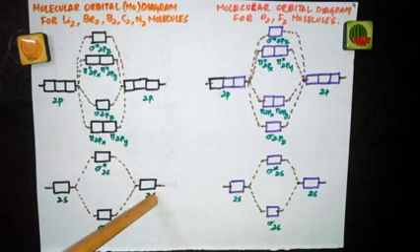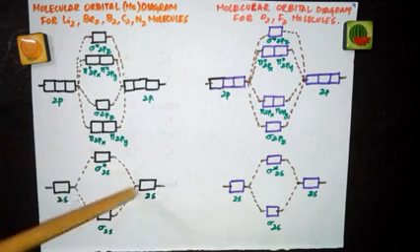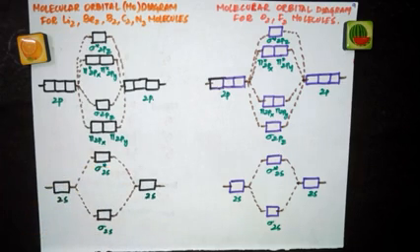When 1s and 1s undergo combination, we get sigma 1s, sigma star 1s. We usually don't represent that here. We put that as KK, capital KK. What is meant by KK? It represents the K shell, the principal shell, because the 1s orbital is present in the K shell. So we abbreviate that molecular orbital as KK.